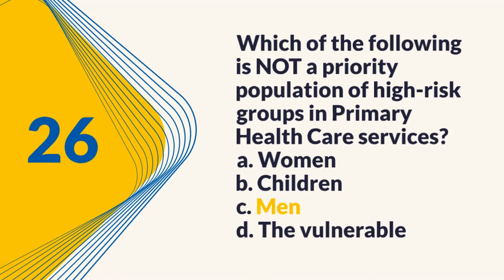When we talk about high-risk groups in primary health care, we're focusing on those who generally need more attention due to their vulnerability. Women and children often fall into this category, as do other vulnerable populations. Men, while important, aren't typically classified as a high-risk group in the same broad sense. So, the correct answer is C, men.